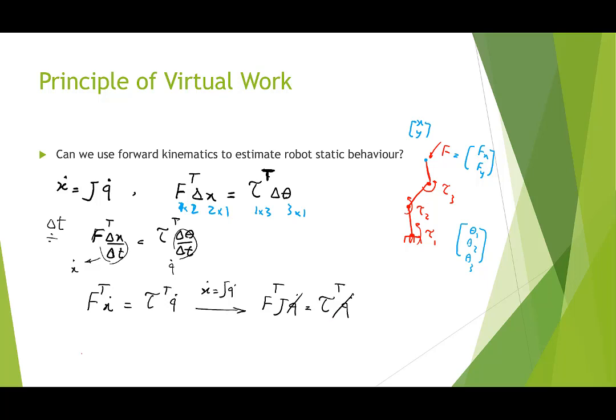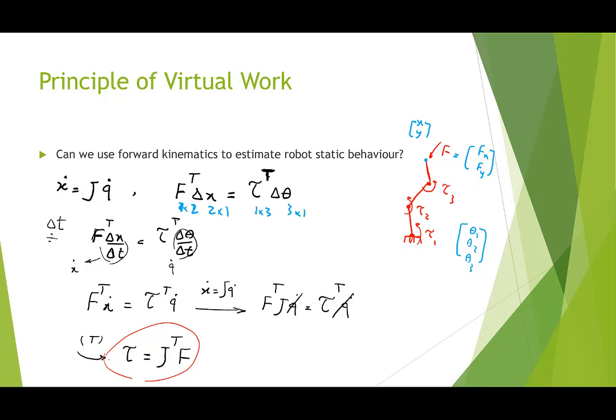Cancelling this out and taking the transpose again, this is a very nice equation that relates the forces at the robot end effector to the torques applied at the joints using the Jacobian.